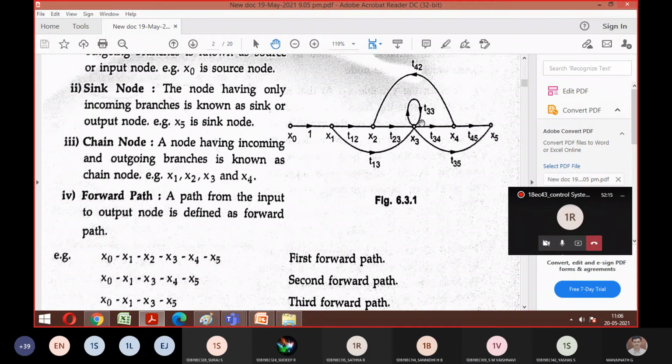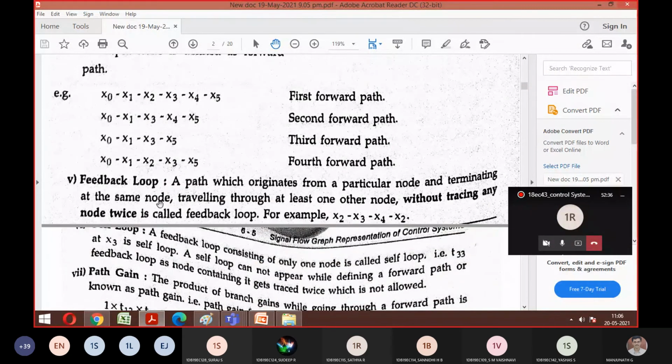And you should be very careful that a self loop should be a part of your feedback loop only. Since you have only one feedback loop, you can't expect more than one. According to this diagram, only one self loop will be there, consisting of only one node, x3. I hope you got the meaning of the definition for self loop. So the example is T33, that is at x3, called a self loop.